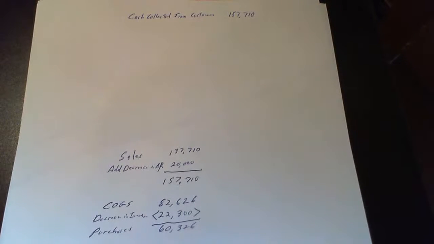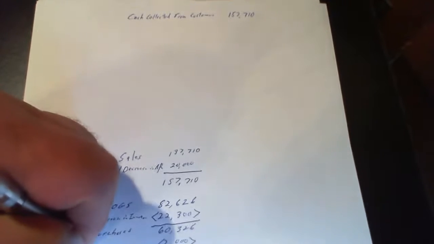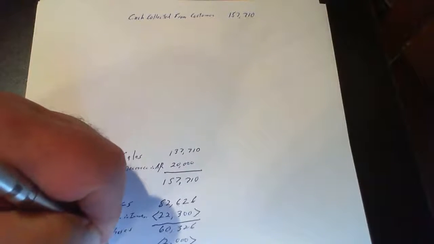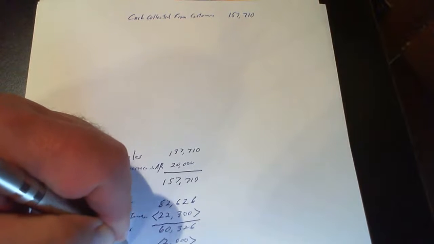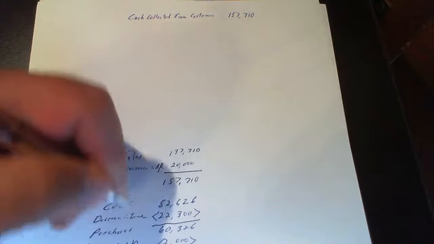Okay, now we have to make the adjustment for the accounts payable. That's going to come from the balance sheet. Accounts payable started at 19,000 and became 21,000. So we paid 2,000 less, so we have an increase in accounts payable.